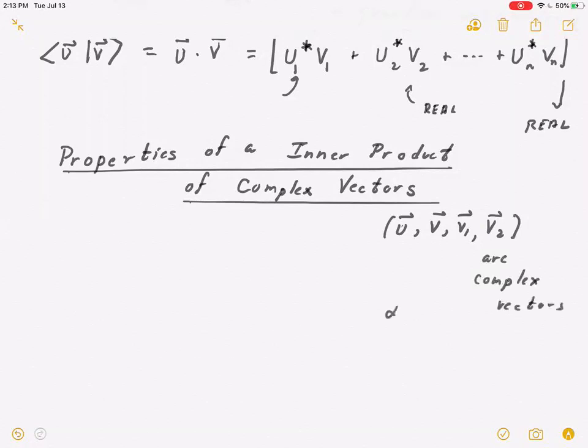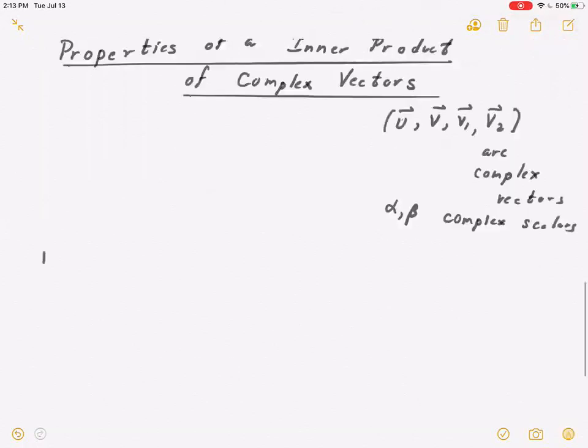And I'm going to assume that the scalars alpha and beta are complex scalars. Okay, so let's move forth. Suppose we consider the inner product of u with a linear combination of vectors v sub 1 and v sub 2. So that's exactly what we mean by a linear combination.